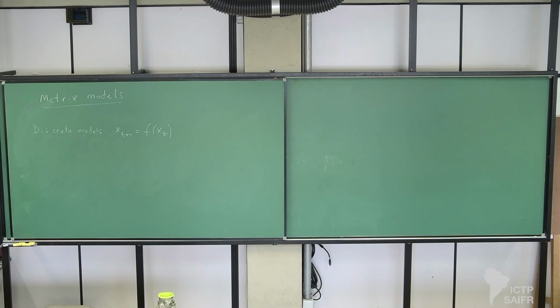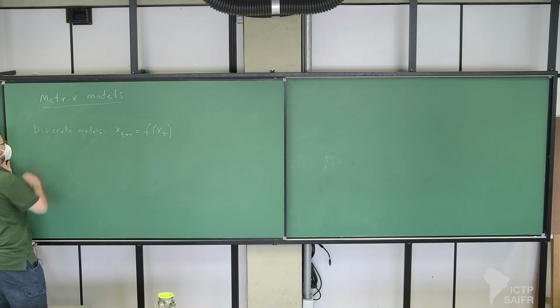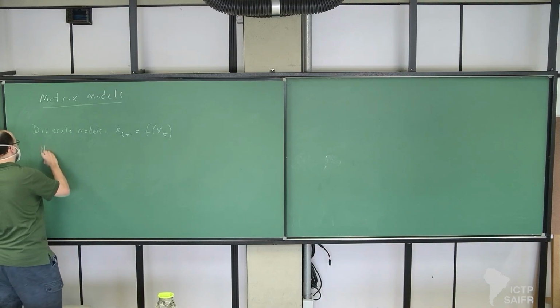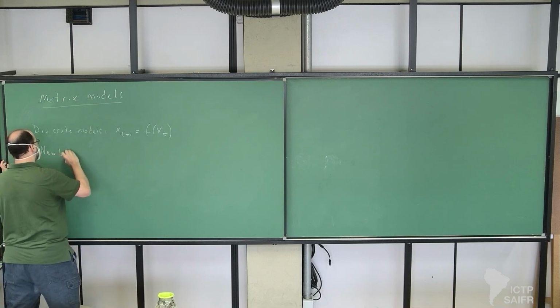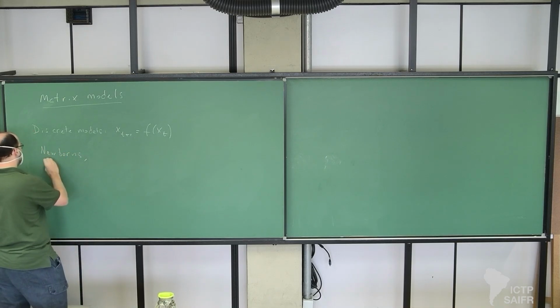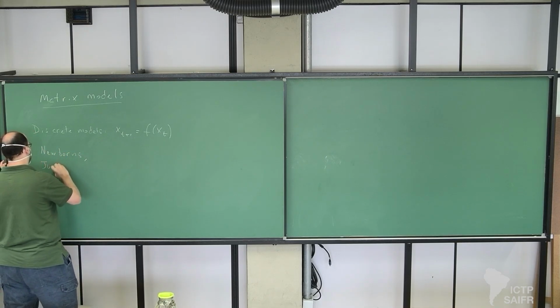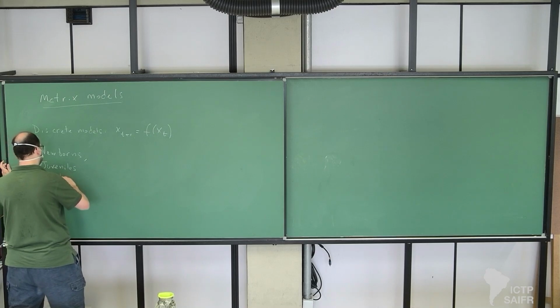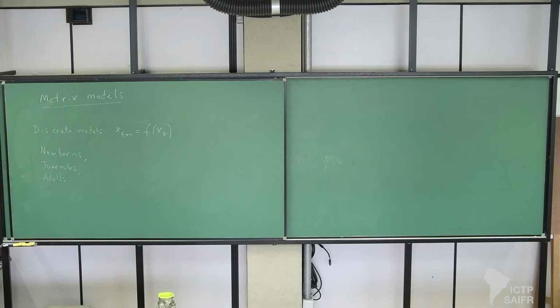Okay, so now I want to do a model that is a generalization of this. I'm going to write something like, for instance, let's use 3 classes, okay? So I will put newborns, juveniles, and adults, okay? And I want to write equations for these over here, okay? How do I do that?